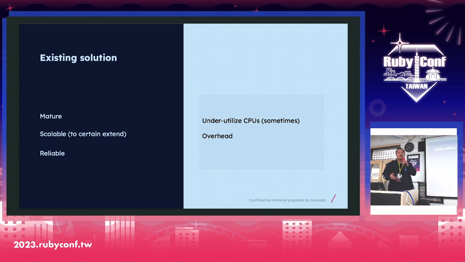For example, we can process in one 4-core container, but because of the Sidekiq implementation, it can put all the jobs into a single process, and then we cannot use the other cores. So sometimes the number of jobs is more than what we utilize of one of our cores.